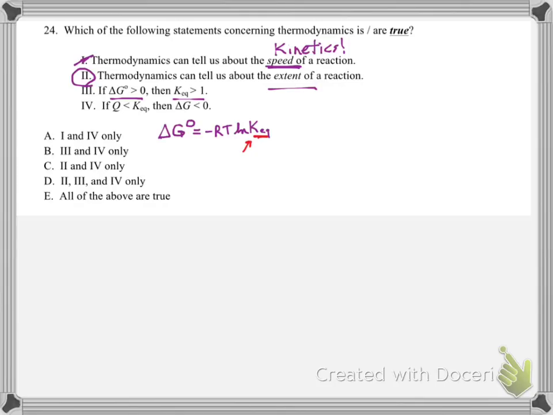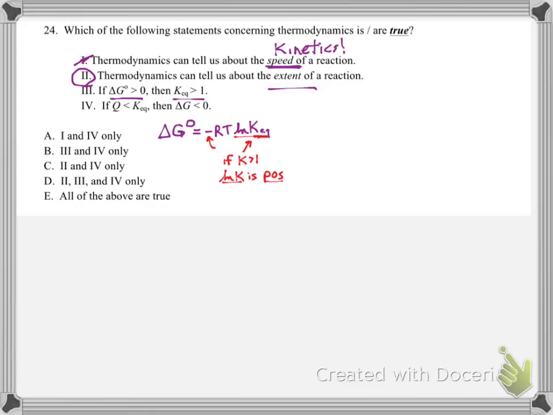One second. Sorry, let me restart that. If KEQ is greater than 1, if products are favored, that means that the natural log of K would be positive by definition of how natural logs work. So the natural log of anything greater than 1 is a positive value. So that means if K is greater than 1, we have a positive value times a negative, which would be a negative.